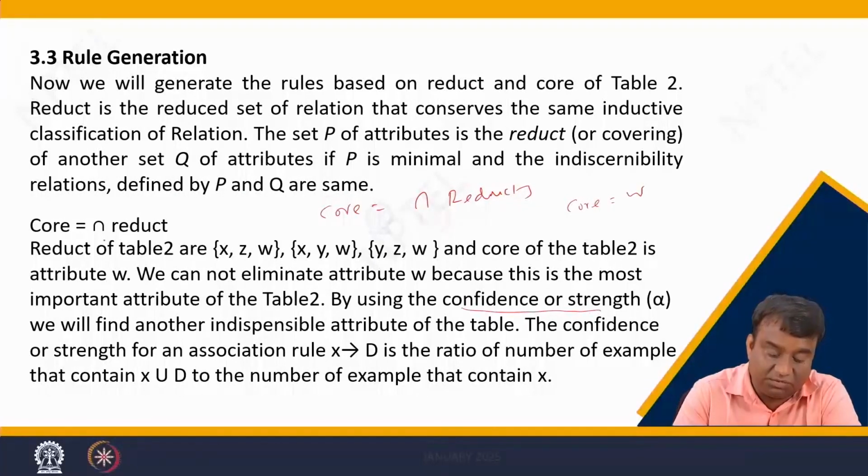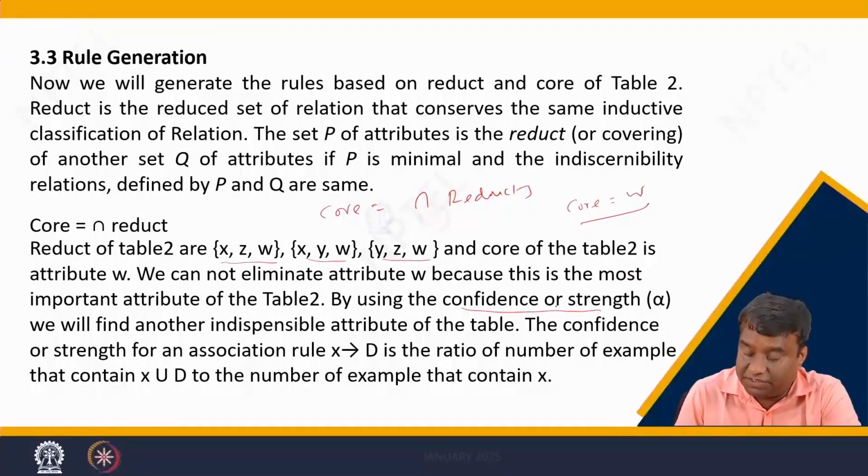You know all this concept. You also know the core is the intersection of all reducts. By using the discernibility matrix, we got these reducts: XZW, XYW, YZW. So our core is W. We cannot eliminate the attribute W because this is the most important attribute of table 2.